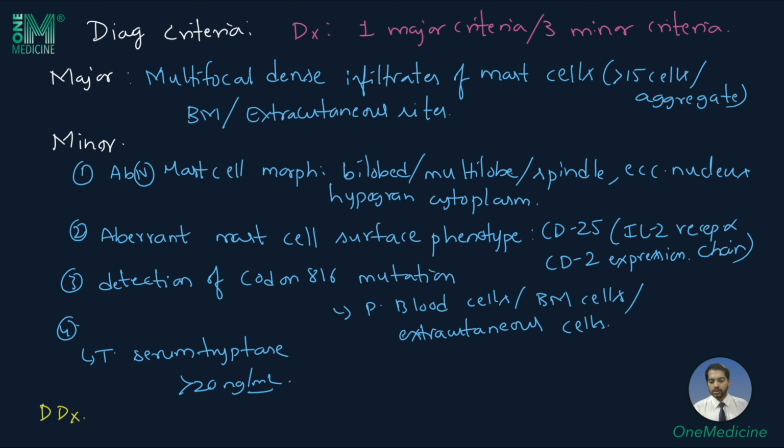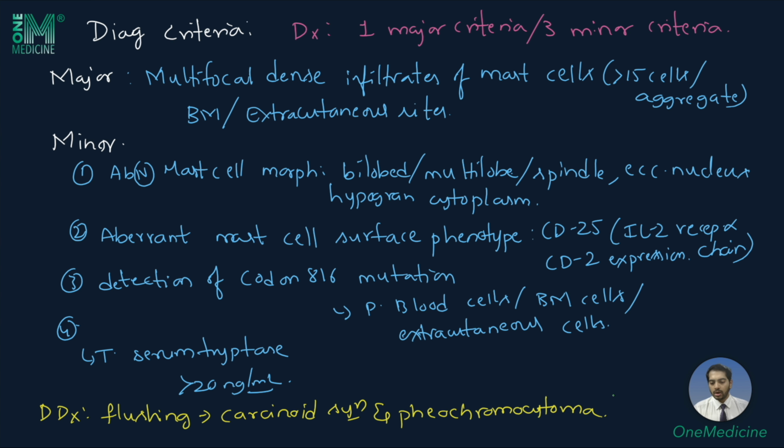The differential diagnosis for systemic mastocytosis includes other conditions that can cause flushing, such as carcinoid syndrome and pheochromocytoma. So patient needs to be evaluated for these differentials, and only after ruling out these differentials can it be diagnosed as systemic mastocytosis.